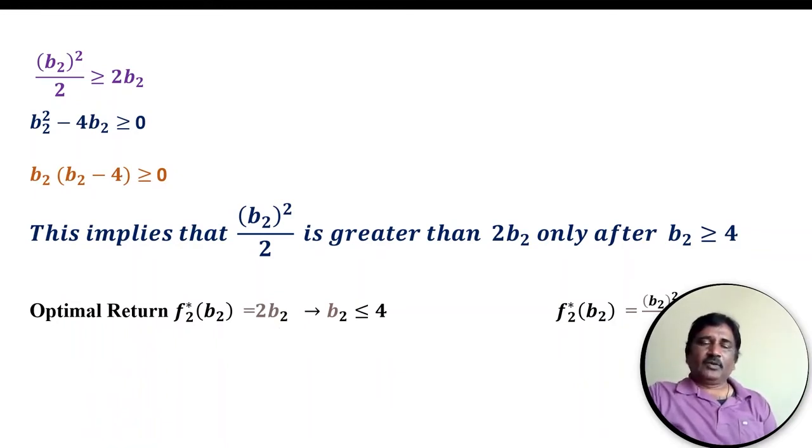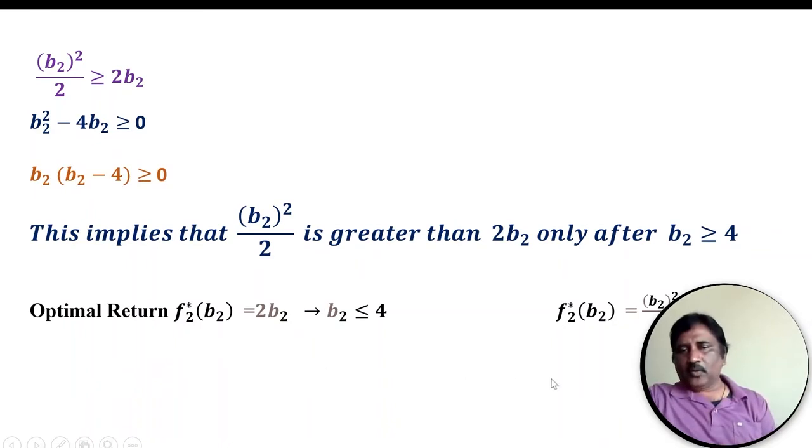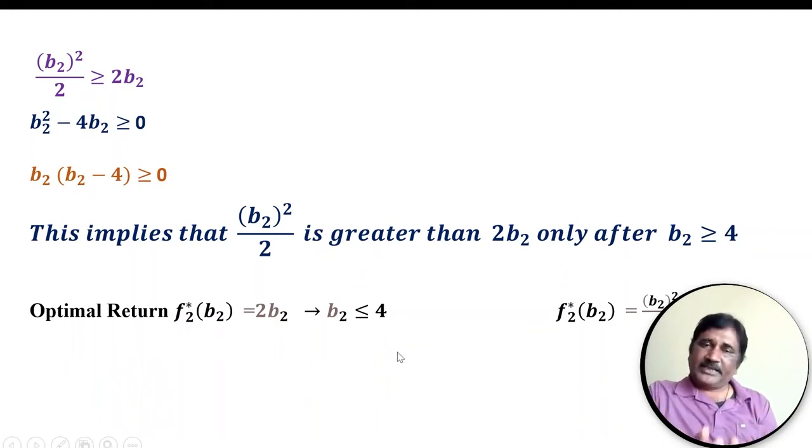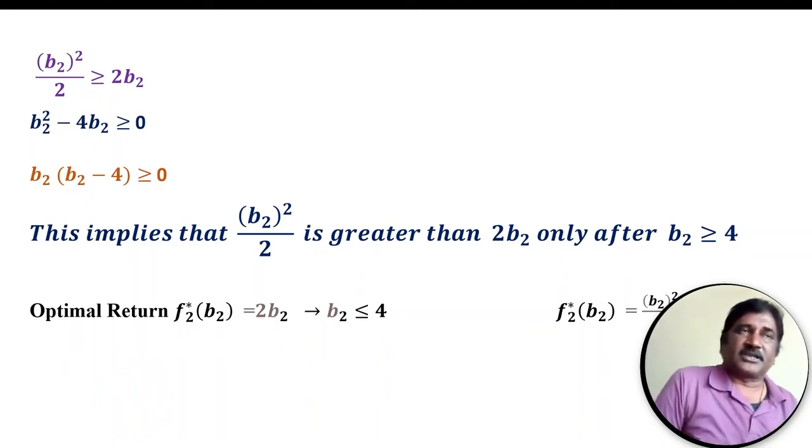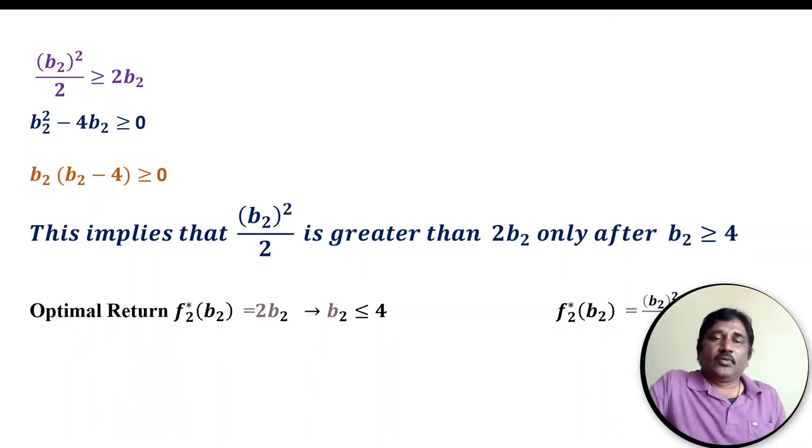Now when we look at our problem, our constraint has the right hand side less than or equal to 4. So our problem limits us to consider any state less than or equal to 4. So in our case, the optimal return will be given by 2b2. But had it been less than or equal to 5 or 6, then you would have been required to consider both the options, because if it is less than or equal to 6, both scenarios are to be taken care of.